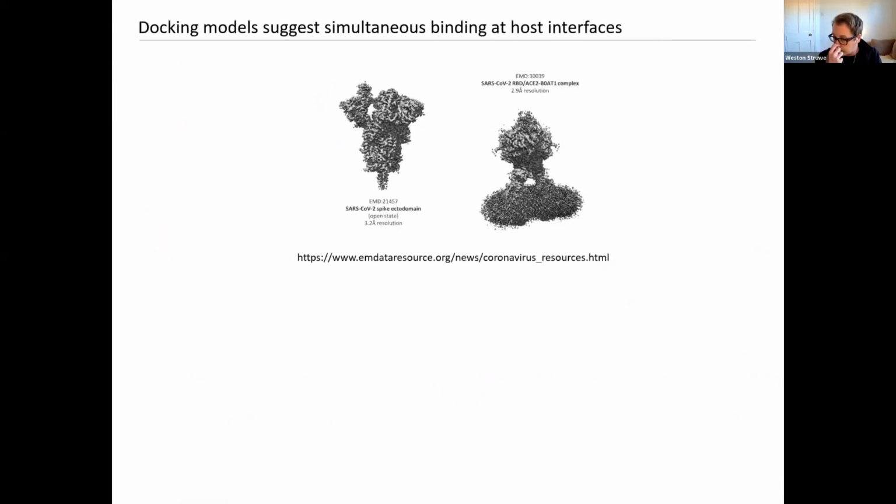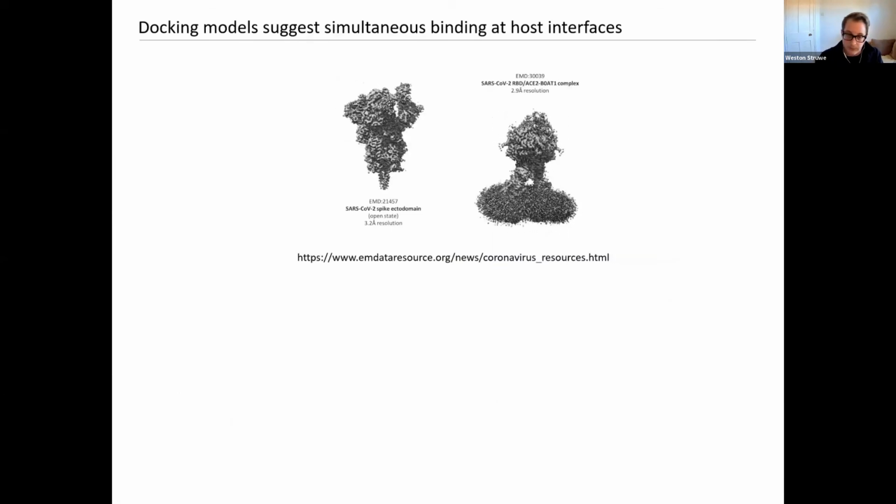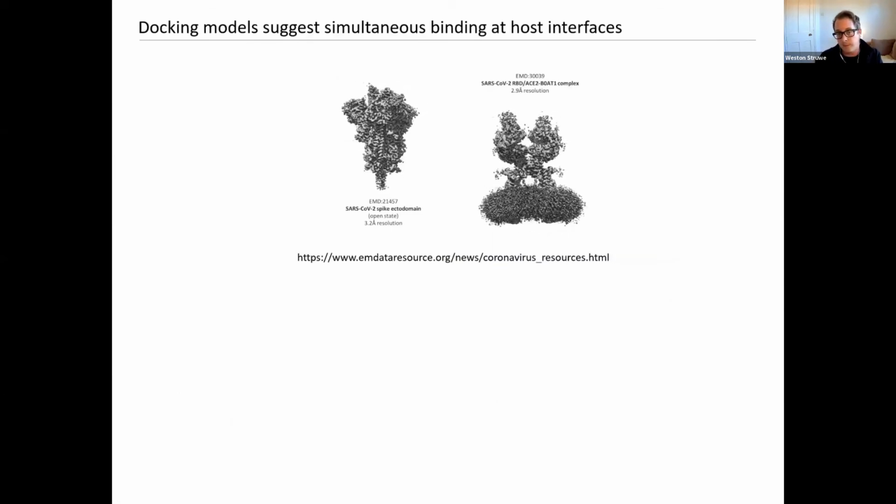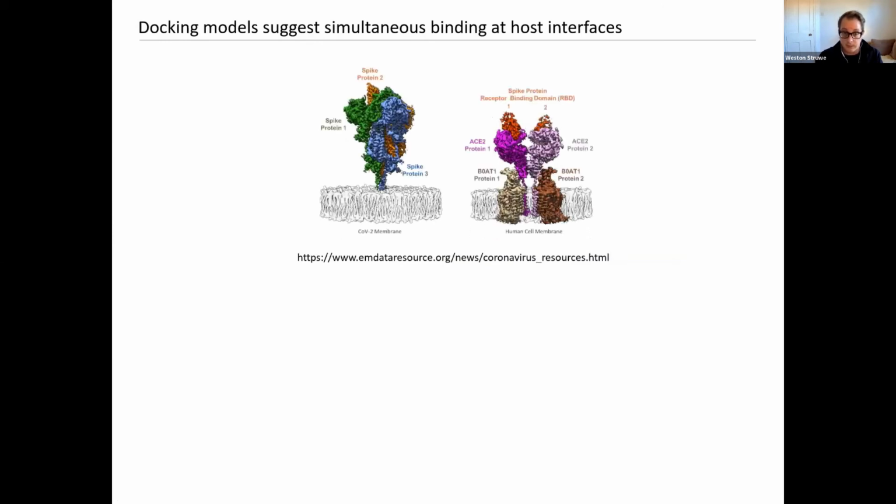We were also motivated by some of the nice high-resolution structures that were coming out. Here's an example of the viral spike with one RBD in the out position and the ACE2 dimer.